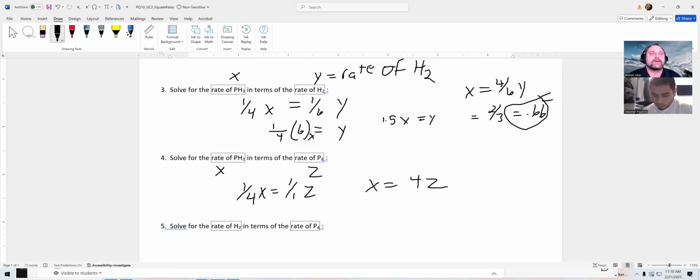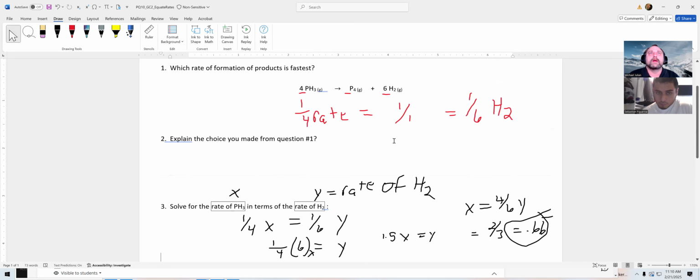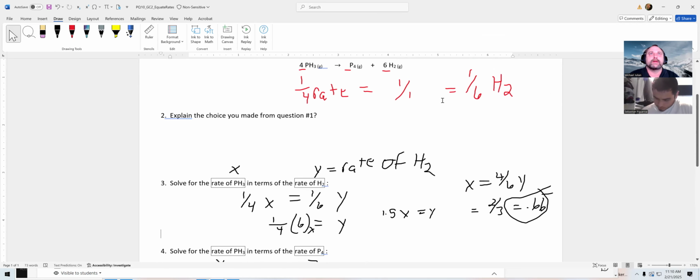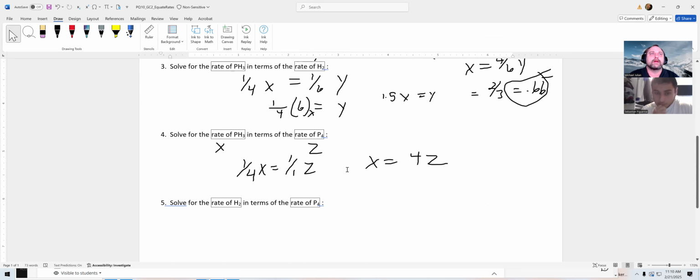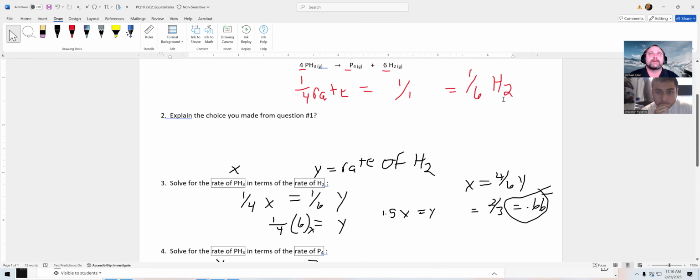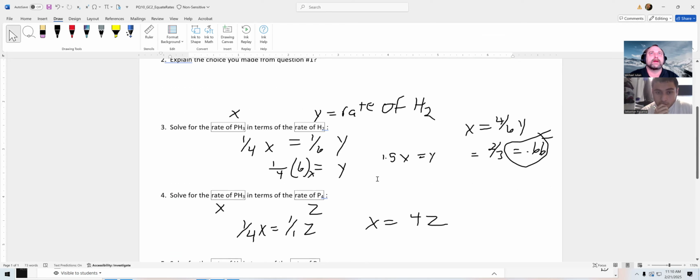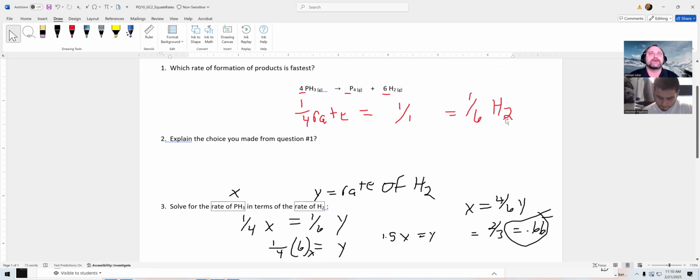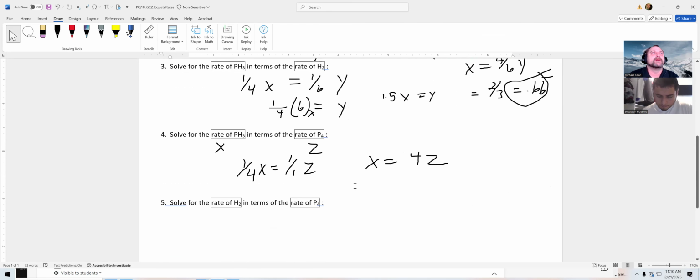And then they asked us to do the rate of H2. Because we went ahead and wrote all these out, it actually works out pretty easy. The H2 is what they want, and here's this. So H2 is 6 times that one.